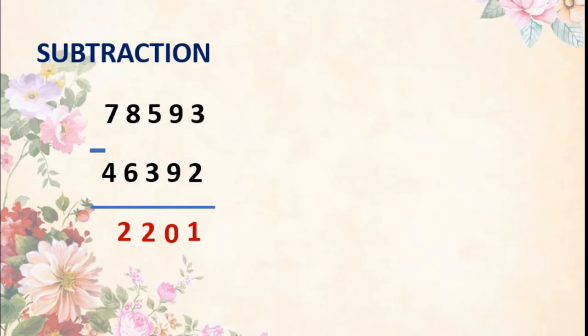And 7 minus 4 is equal to 3. Yes, students, we begin the subtractions and addition sums always from right side and slowly we move to the left side, isn't it? One more sum we will try.